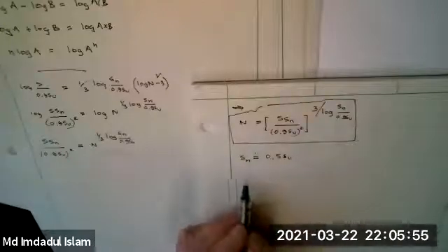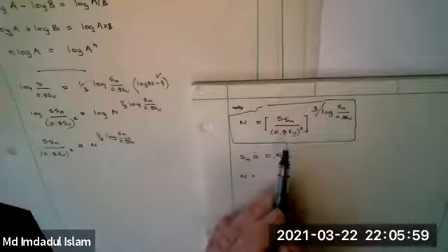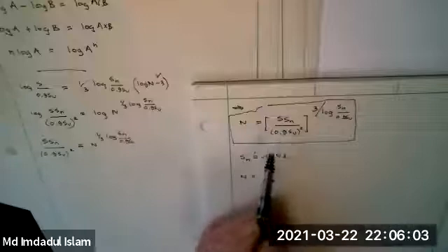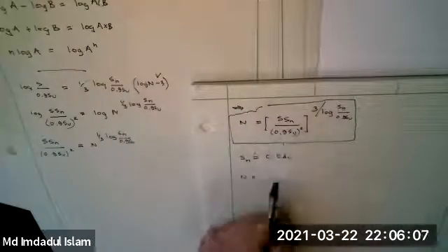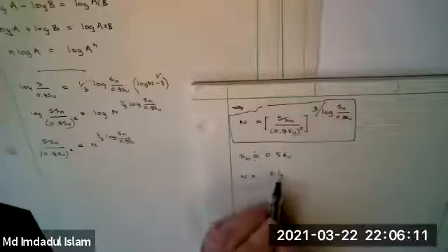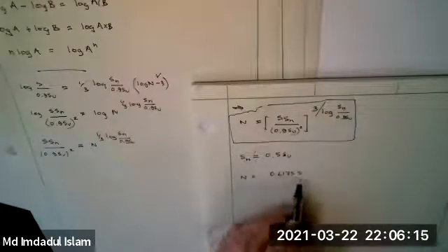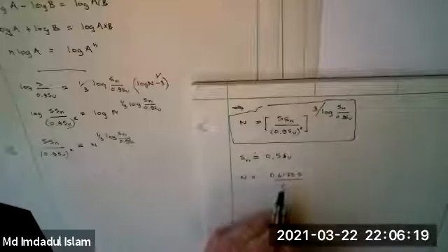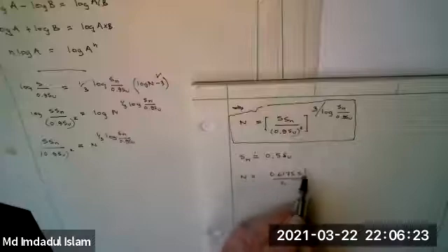If you put this into this, you'll get 0.5 divided by 0.9. So I've substituted for SN, and that cancelled one of the SUs, but not the other one.